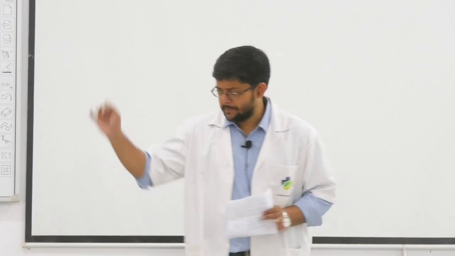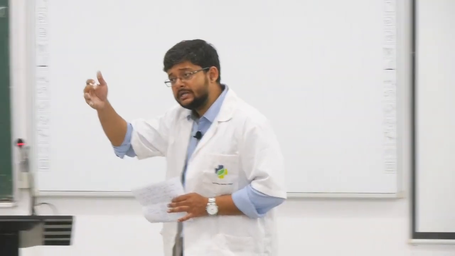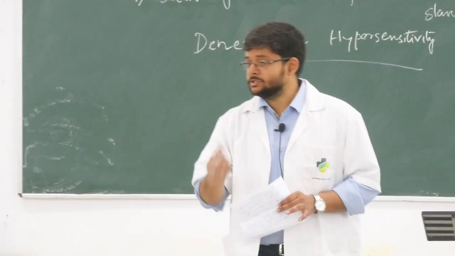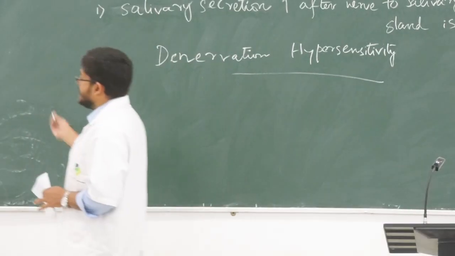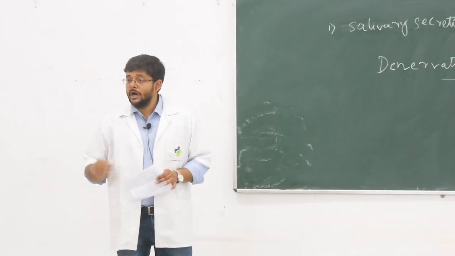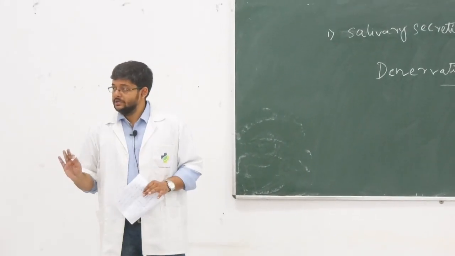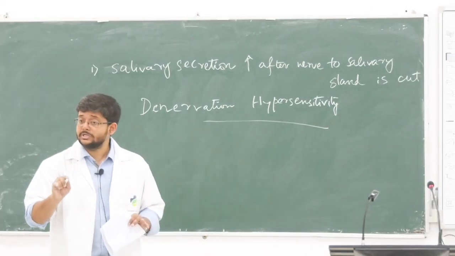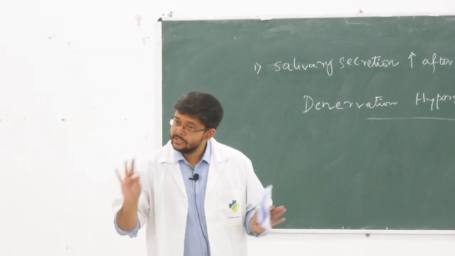So any nerve supplying to any end organ, if that is cut, there are two compensatory changes. First of all, first jeta hoy, nerve ending theke ki beroy? Nerve works through neurotransmitters. And neurotransmitter kothaye kaj korche? They act on receptor. These are the two things.